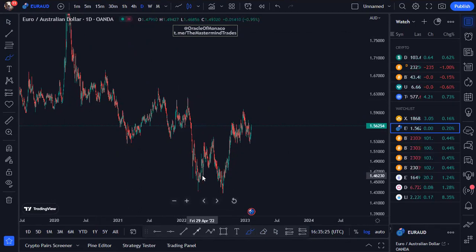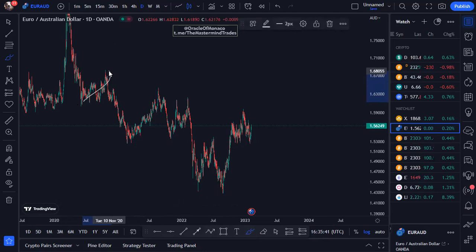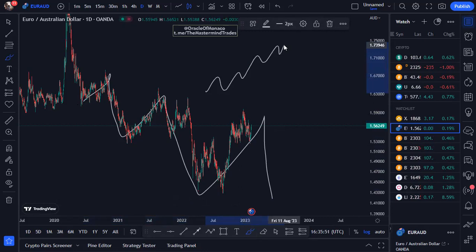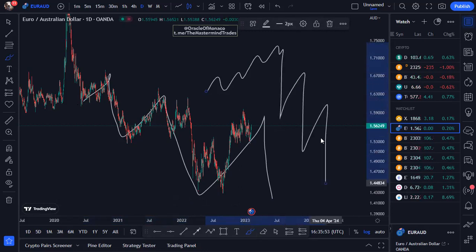But looking within this downtrend, the downtrend is characterized by lower lows and lower highs. But looking within this downtrend, you are going to find that price is not just going all the way like this. Price is not just moving in a straight line formation. Price is going up in this manner and then coming down in this manner.